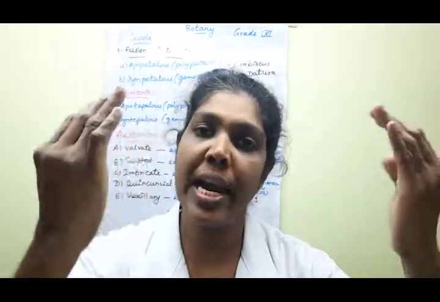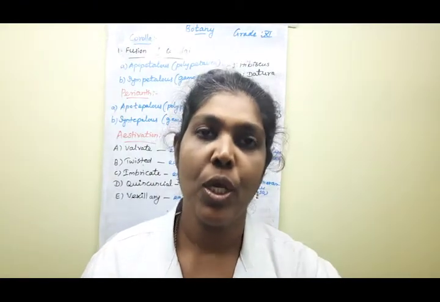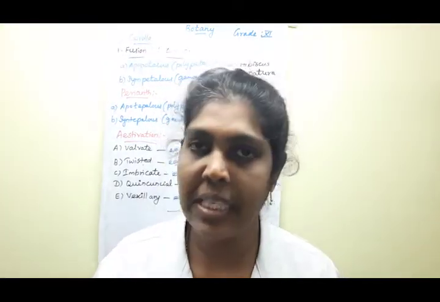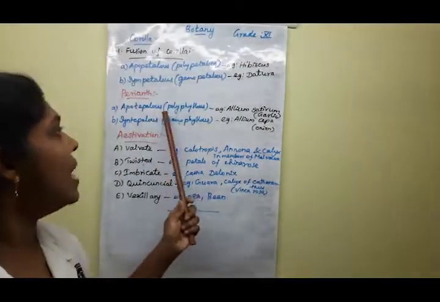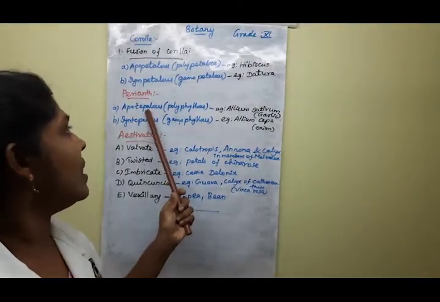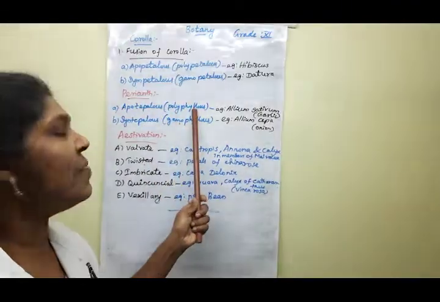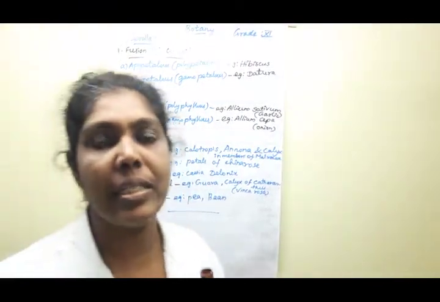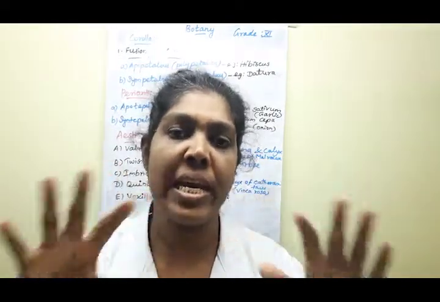That arrangement is also fusion based. So they come under two terms: one is apophyllous and another one is gamophyllous. Already we said, so that is the basis we are learning. That is apotepalous and syntepalous. Polyphyllous means the tepals are free in condition.